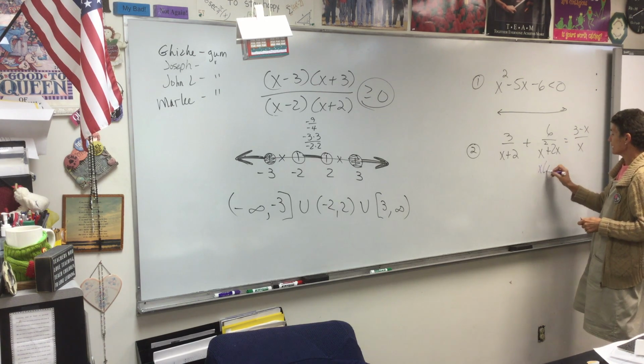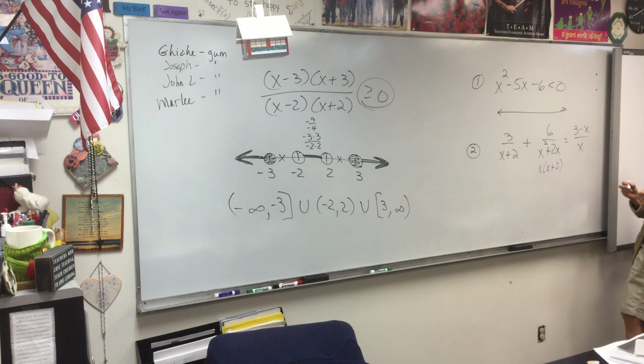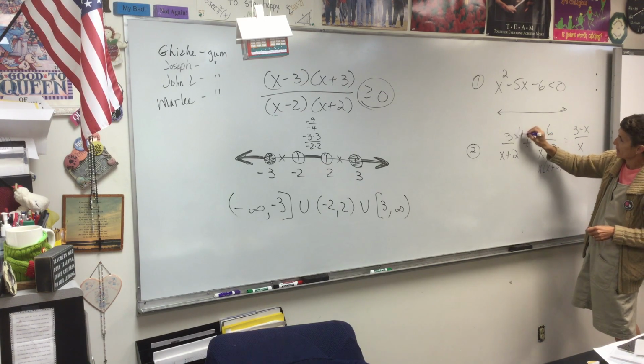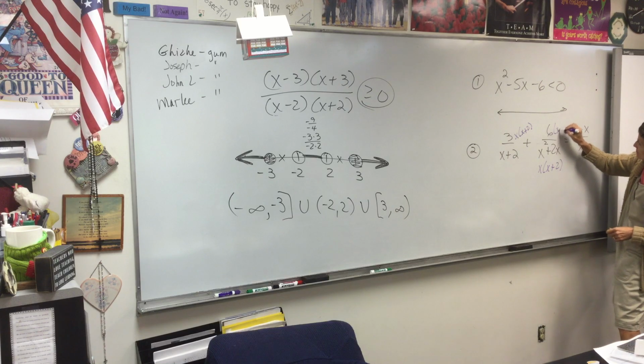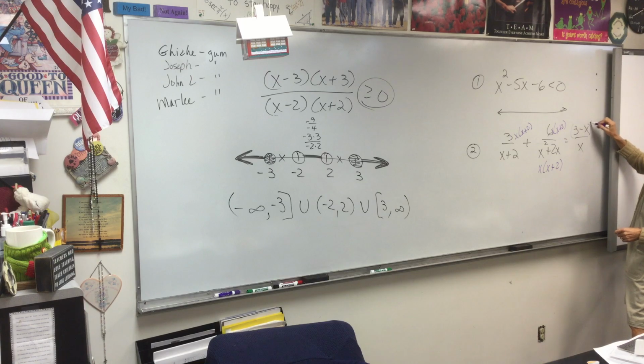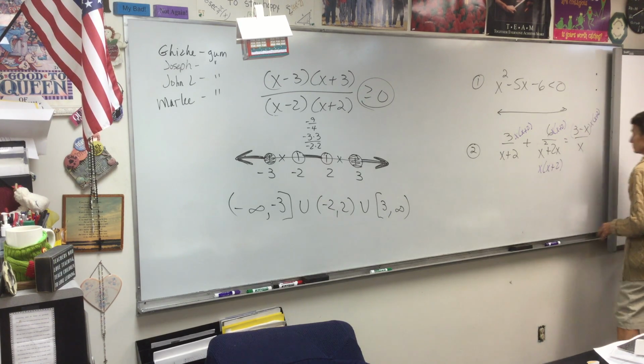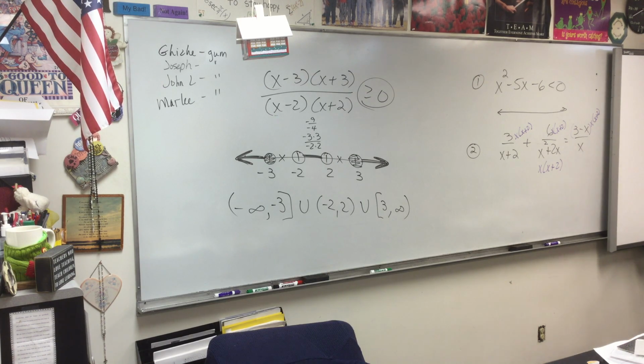Yeah, you want to factor that into x times x plus 2, because those are the 2 things that you're going to multiply by. Yeah. Back when you learned algebra 1. I got -5, -1. No, it'd be negative 6 and positive 1.